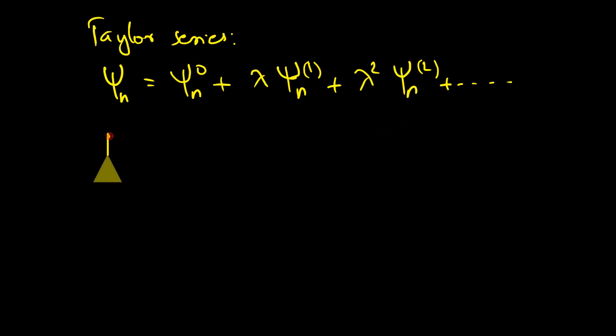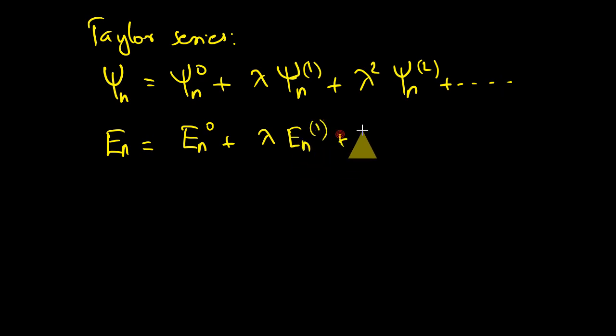And the same way we can express energy En also, that is En0 plus lambda En1 plus lambda square En2 plus etc. So we can express the wave function and energy as a Taylor series like this.